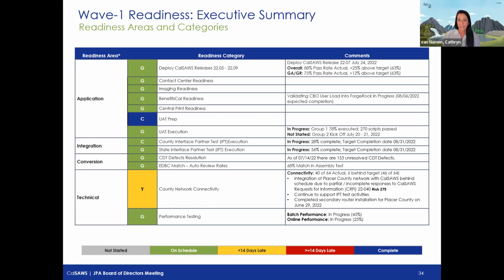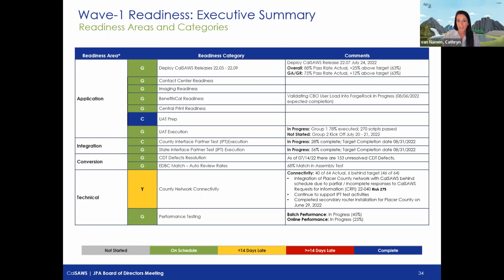The next is contact center readiness. These activities have been underway with the Wave 1 counties for quite some time. In fact, this past week for both Yolo and Placer, the contact center was able to send over the design documentation for both Placer and Yolo and their SCR for final approval, which will be due next week.